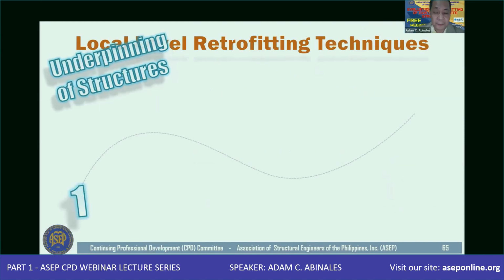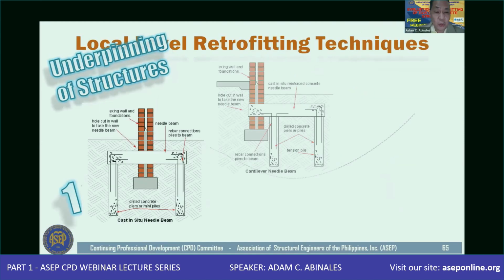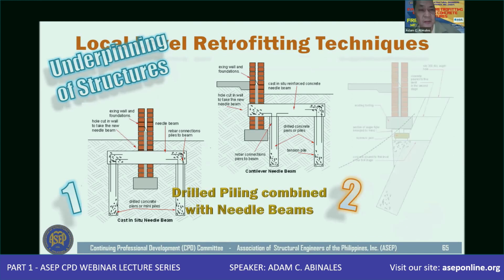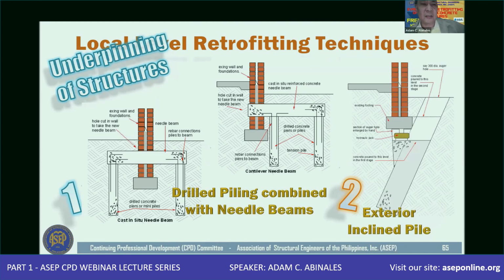Or underpinning, there are a lot of methods or strategies for doing the underpinning of structures. Either you use a drilled piling combined with the needle beams, or you can do exterior inclined piling, as you can see on item 2, or rather in figure 2.